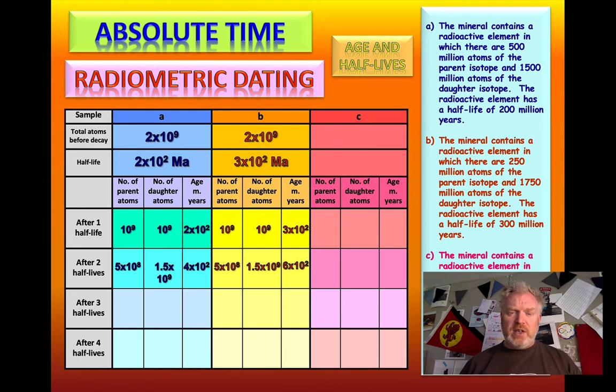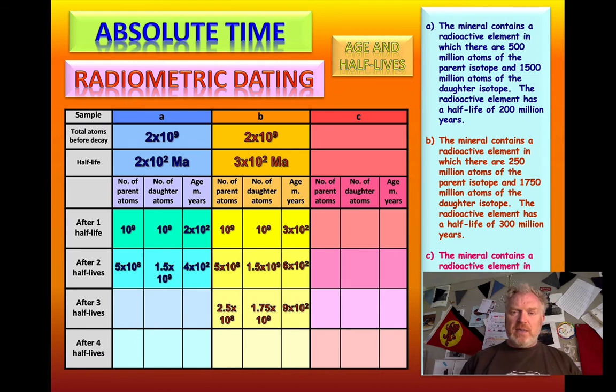After 600 million years, we've got 500 million parent, 1,500 million daughter. We still haven't reached the description we have though at the start. If we go through another half-life then, we're now down to 250 million parent, 1,750 million daughter, so we've been through three half-lives, which is 900 million years.